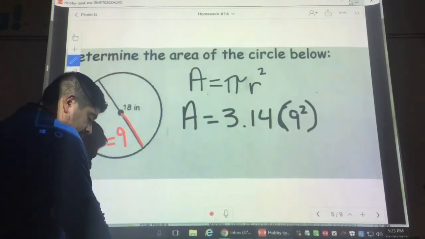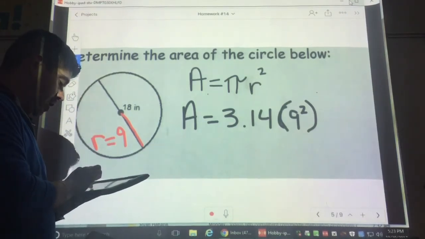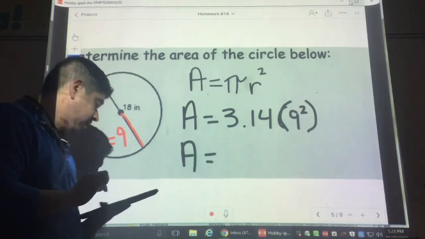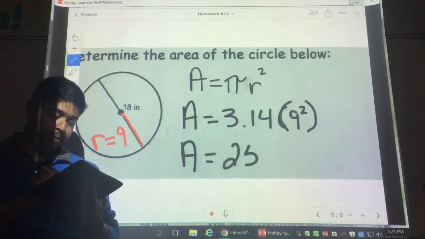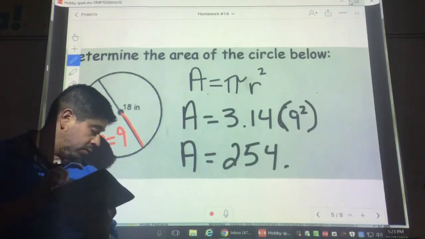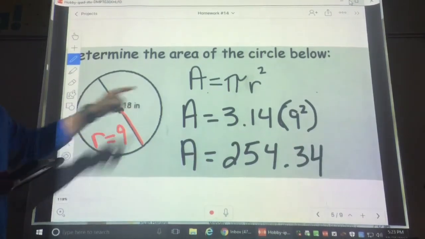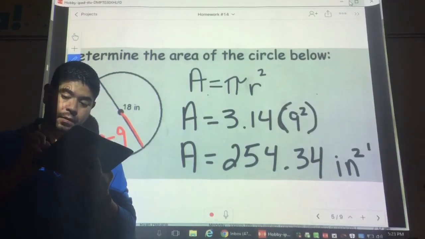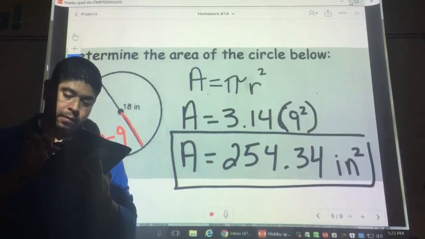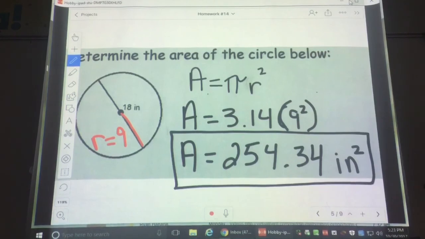Alright, so I put that in my calculator. 3.14 times 9 squared. We get an area of 254.34. And this is inches, so it's going to be inches squared. Alright, so y'all are doing really good on the circles, finding area.